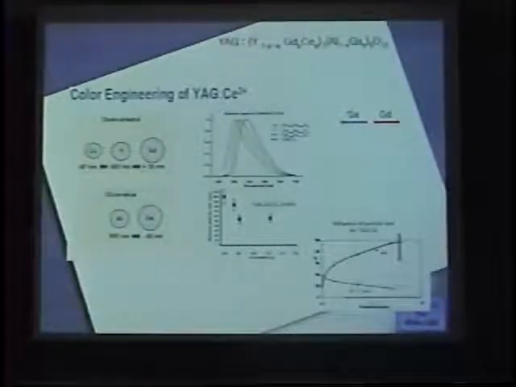Then we have to adjust the phosphor materials to fit that spectrum. How could you do that? In this case, YAG, just put a different element into that crystal. Then the crystal field changes a little bit. In that case, the energy band slightly changes, and it may emit a longer or shorter wavelength. That's a typical adjustment. If you have a proper LED chip, then you can adjust the phosphor to fit that LED chip.